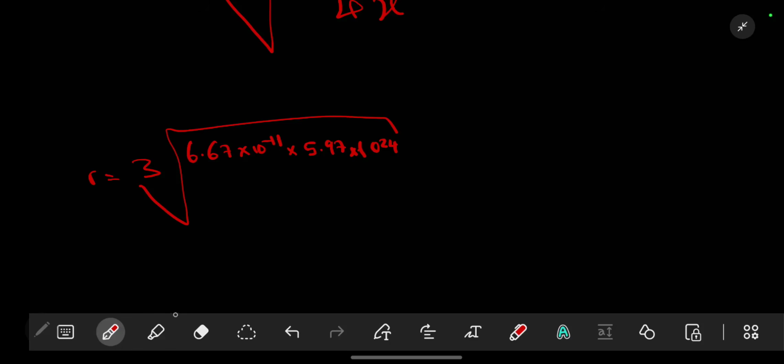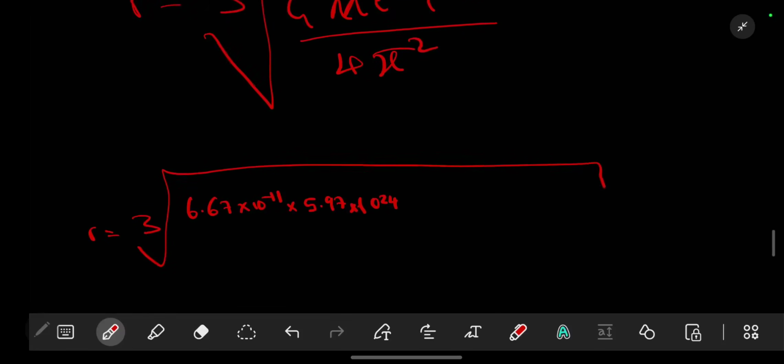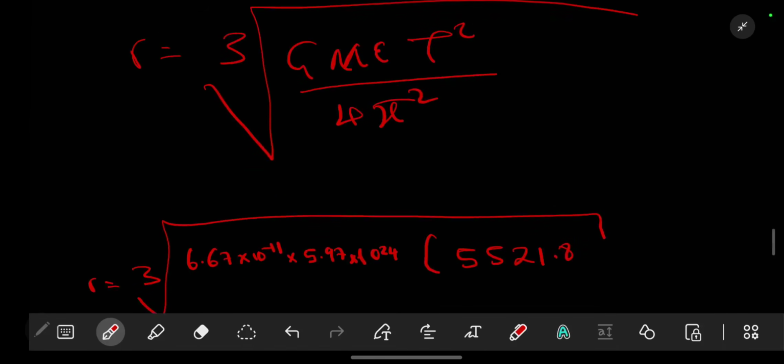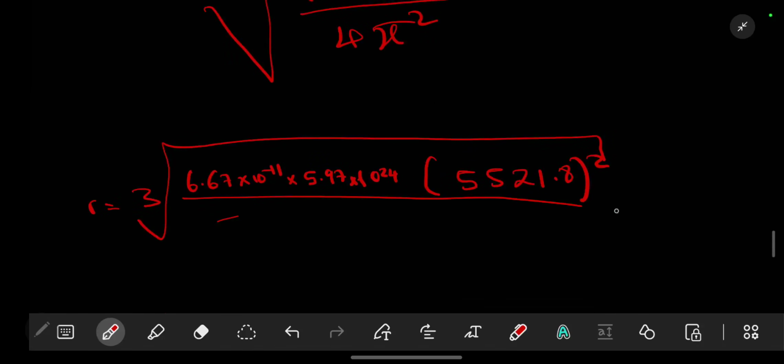So this is what we have: cube root, then times the period squared, and the period we have found it to be 5521.8. Then we square it, divided by our 4 pi squared.